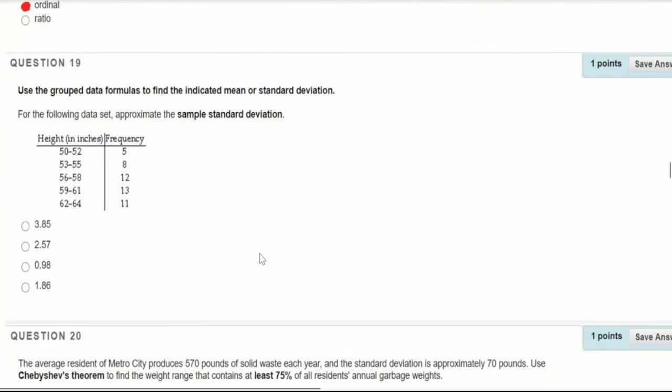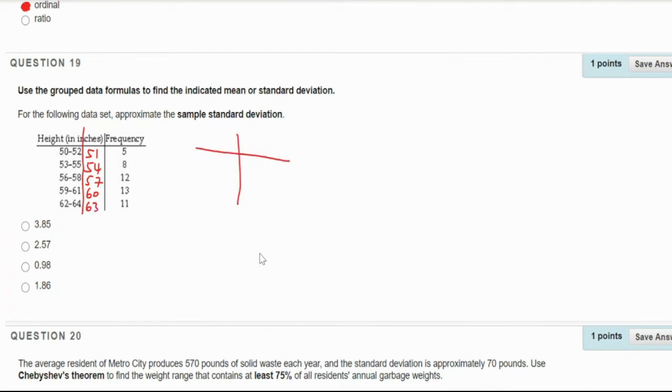Now these we will need to do the TI. Definitely you're going to have a couple of questions like this. We need the midpoint: 51, 54, 57, 60, 63.